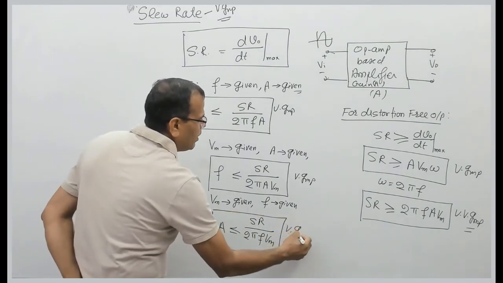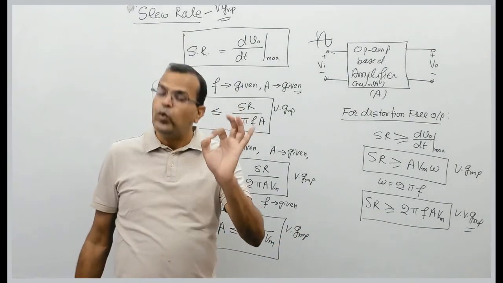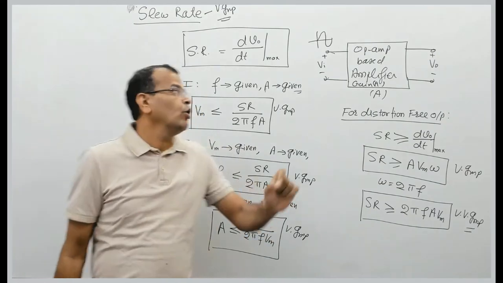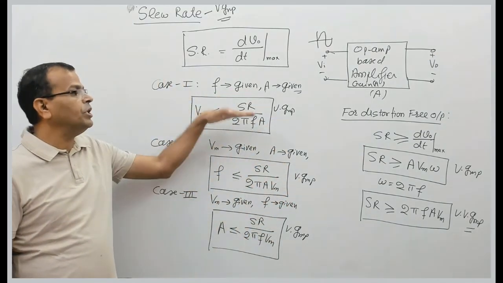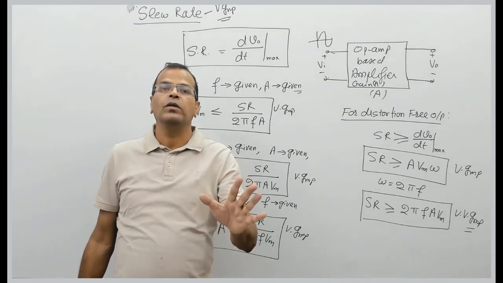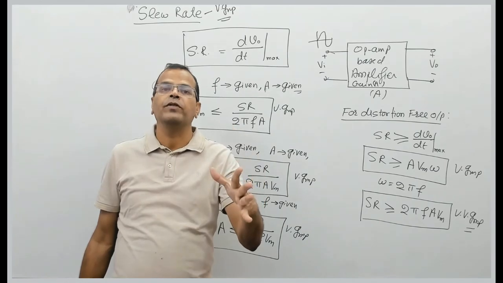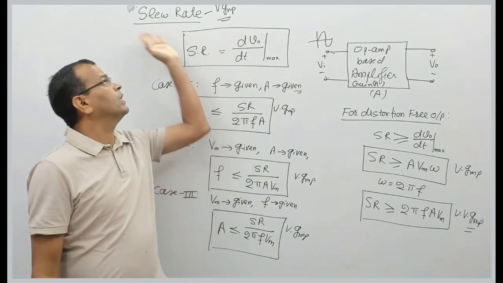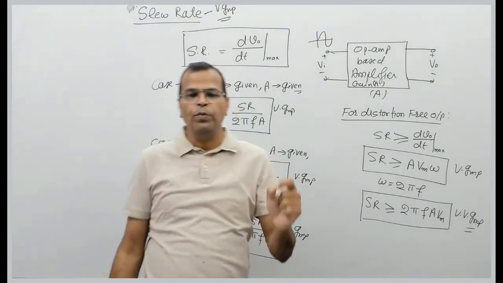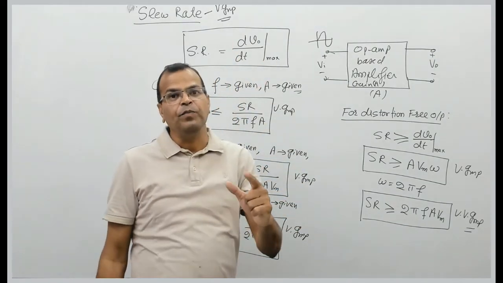Try to remember, and I will say 100% of questions on slew rate will be based on these 3 equations only. I'm talking about the questions from this topic which have appeared in all the competitive exams, that is from slew rate. So I hope you will remember all these expressions.